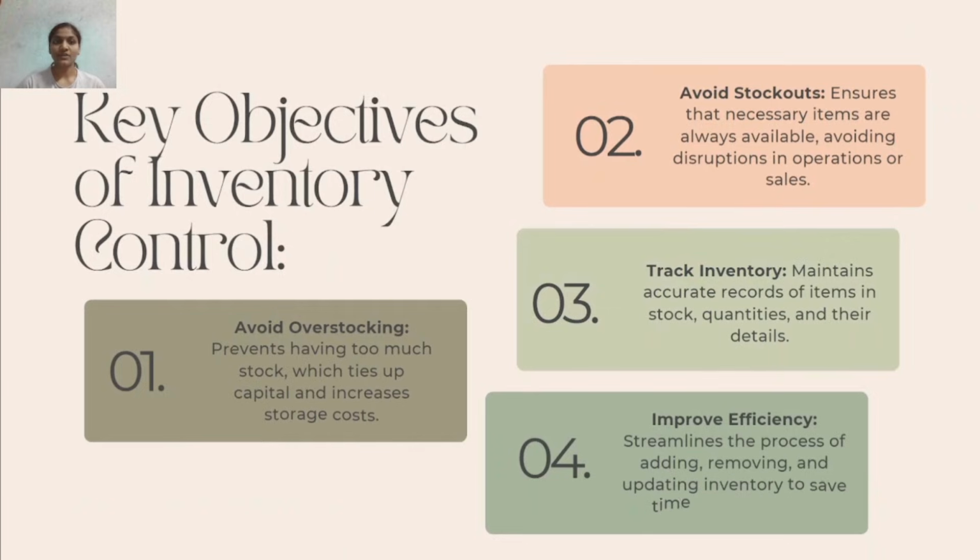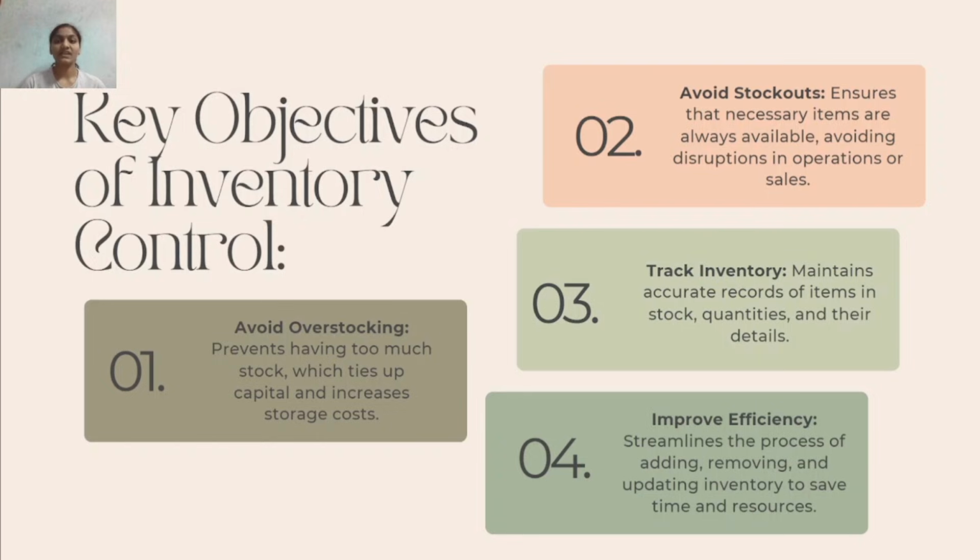Key objectives of inventory control. First one, avoid overstocking, which prevents having too much stock, which ties up capital and increases storage costs. Second one is avoid stockouts, which ensures that necessary items are always available, avoiding disruptions in operations or sales.